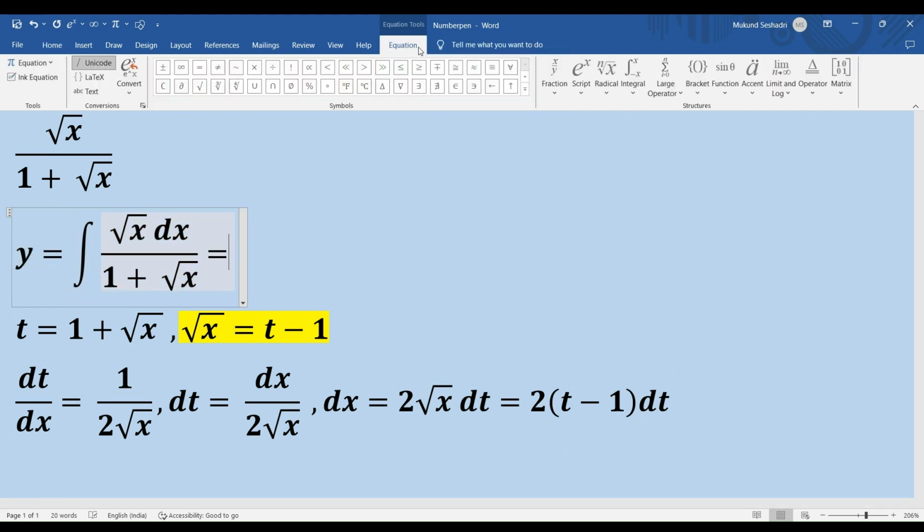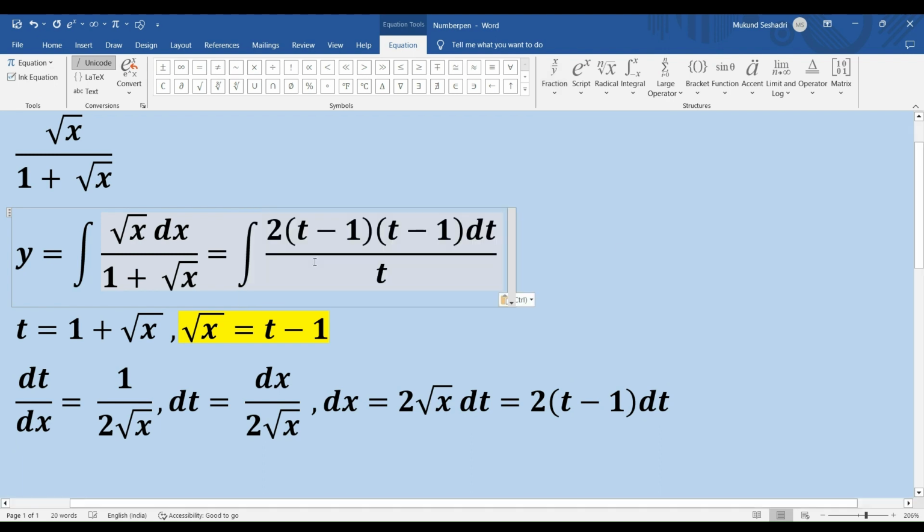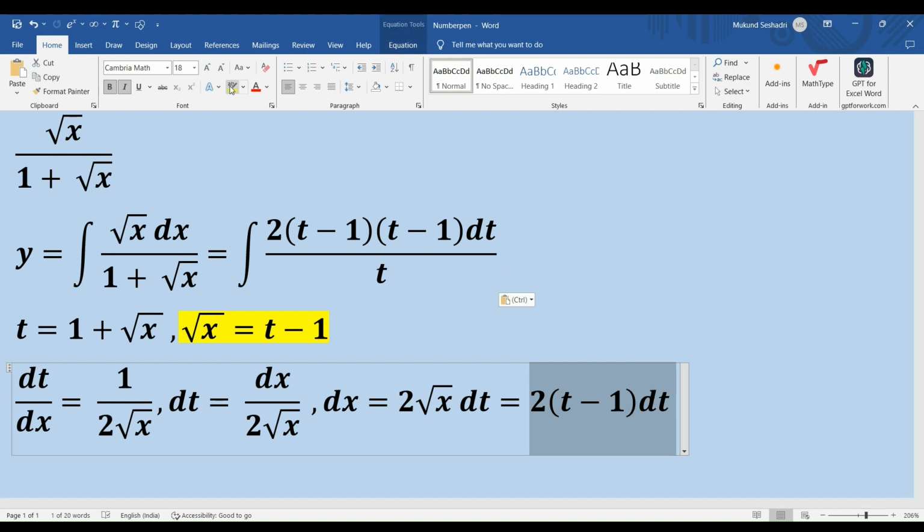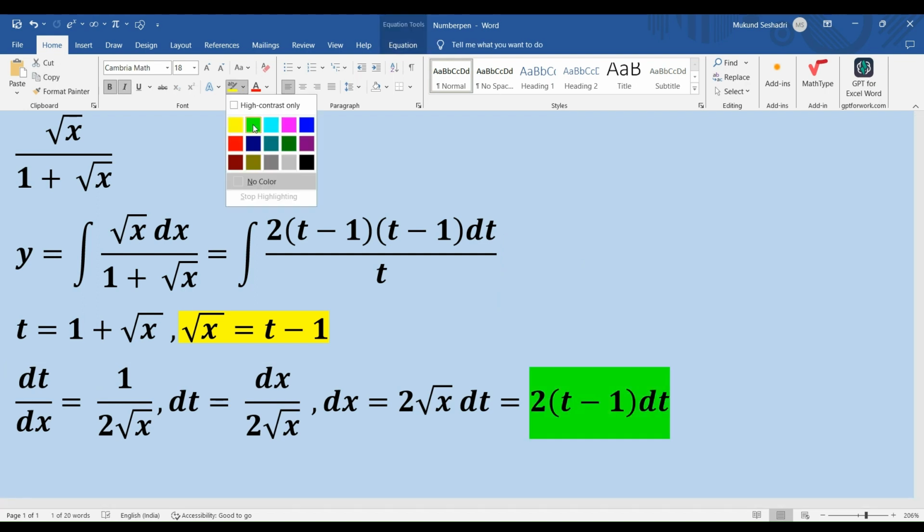Therefore, my expression above becomes, that's my y now. I'll take a minute to explain how we arrived at this. My root x equal to t minus 1. Look at the term we have highlighted in yellow. And then I have my dx equal to, I'm going to highlight this in green, right? We worked that out just now.